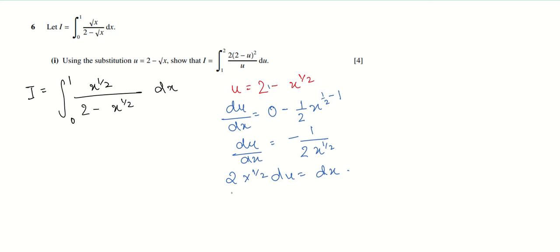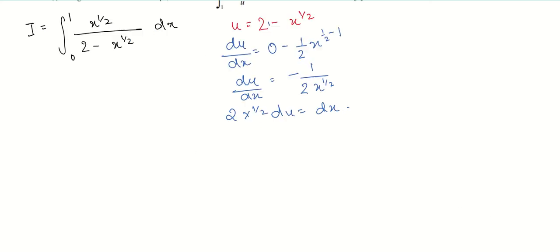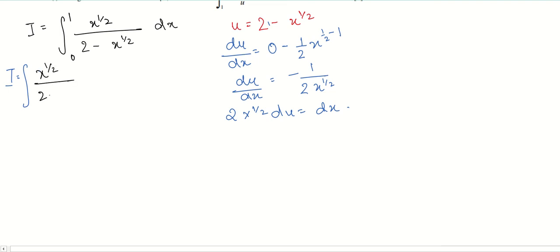Fair enough. Now we'll have to put that in this integral. Okay, so let's start. I'm not going to write the limits right now. So we have basically x to the power of 1/2 divided by 2 minus x to the power of 1/2.